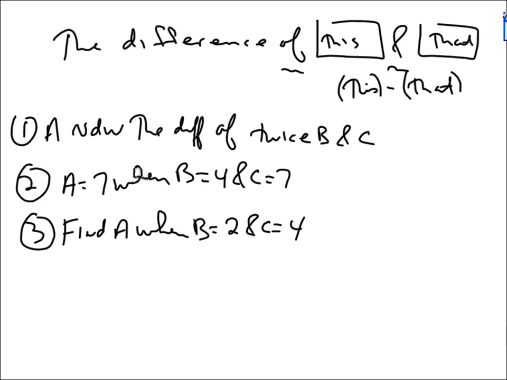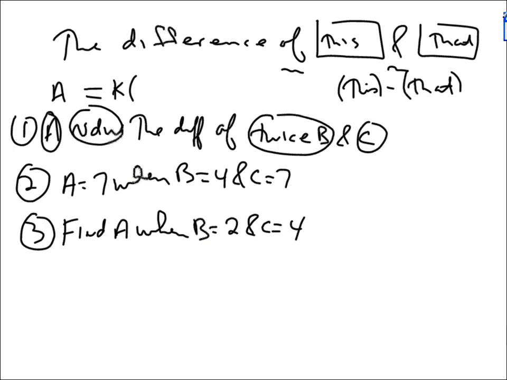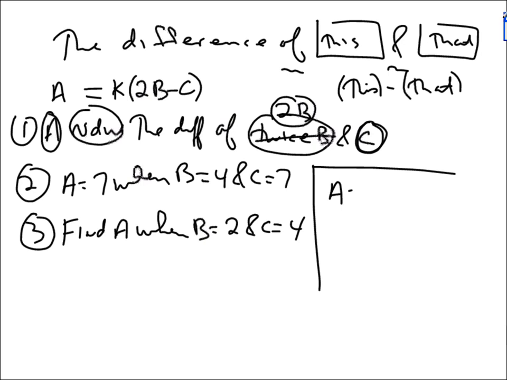The first statement, A varies directly with means equals K times the difference of this and that. Twice B, don't panic. It's 2B. The difference of this and that is this minus that. So, from the first statement, we get that A is equal to K times this minus that.